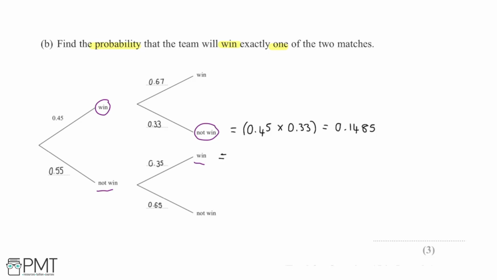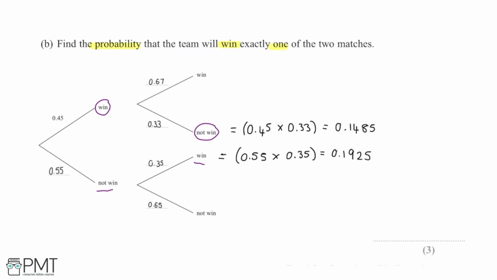And then similarly, I can do the same below. So when they don't win on Saturday, 0.55, we'll multiply that by the probability that they do win on Sunday, so 0.35. And that's going to give me an answer of 0.1925.